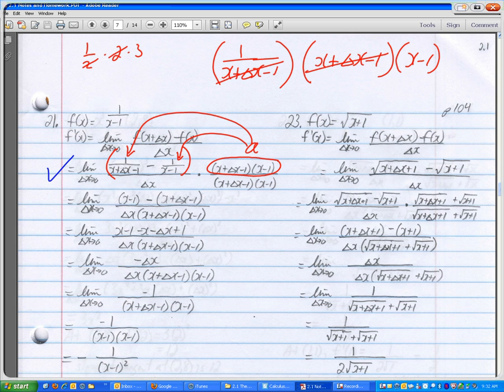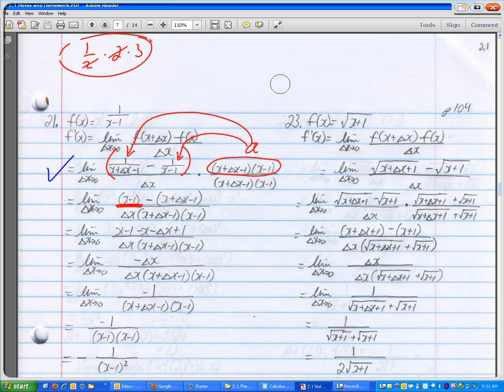Leaving me with, instead of 1 times 3 like I have over here, leaving me with 1 times x minus 1. And what is 1 times x minus 1? It's x minus 1. So that's what goes on the next line. Make sense? We're not finished with that step, are we?